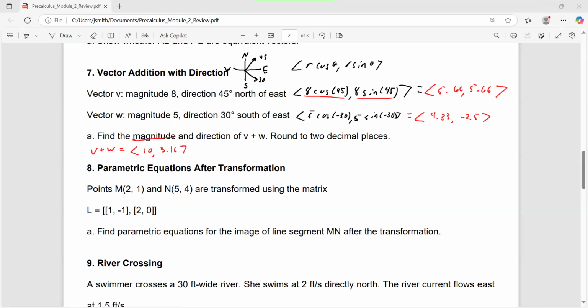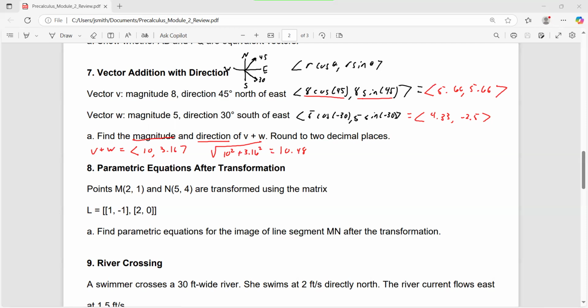So now all you have to do, this is just part of the work. It's not even the answer yet. The question was find the magnitude of this guy. So now that you have V plus W, now you need to do 10 squared plus 3.16 squared. Oh gosh, and it says direction too. I didn't see that. Yeah, the square root of it. Yeah, that's what I got too.